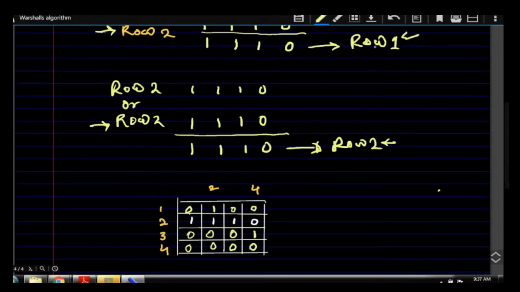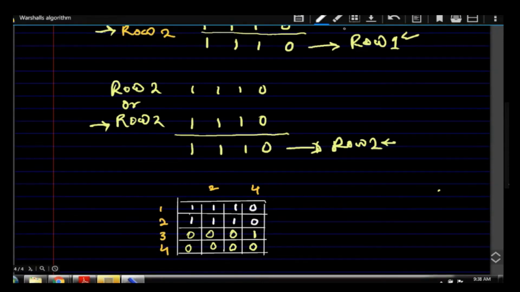Now in step number 2, you have to modify this row 1. So row 1 we will erase and we will update it. What will be the updation? It is 1 1 1 and a 0. Am I right? 1 1 1 and a 0 will be the modified contents of row 1.